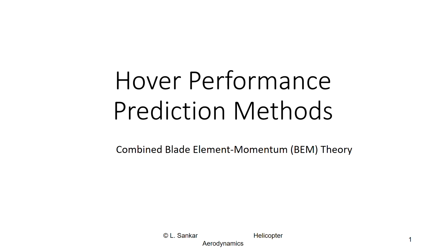We mentioned that the actuator disk model does not account for the number of blades, blade taper, twist, aerofoil sections, aerofoil tables, compressibility effects, Mach number, any of these things. Therefore, we developed later on a theory called a blade element theory, where we divided the blade into small segments, and then we looked at the angle of attack of each section, how much lift it is producing, how much drag it is producing.